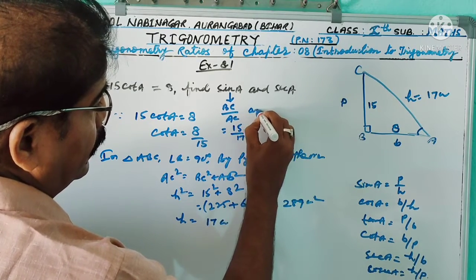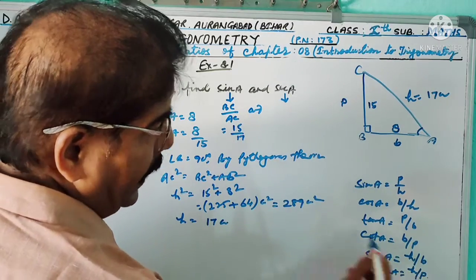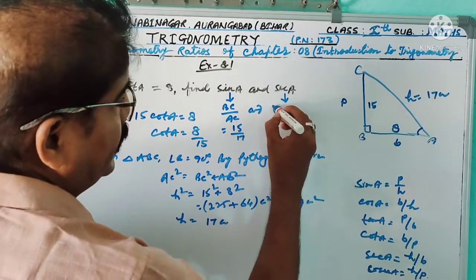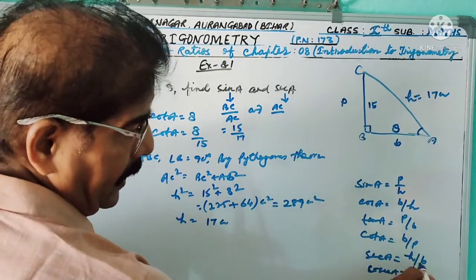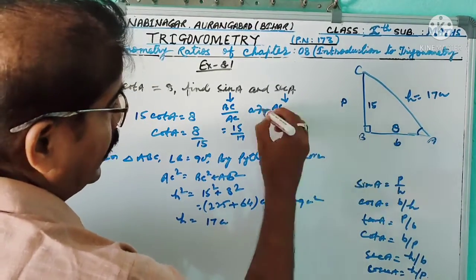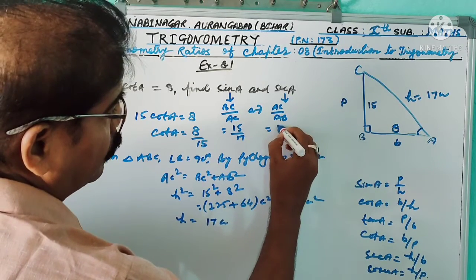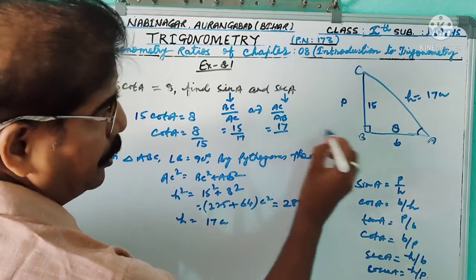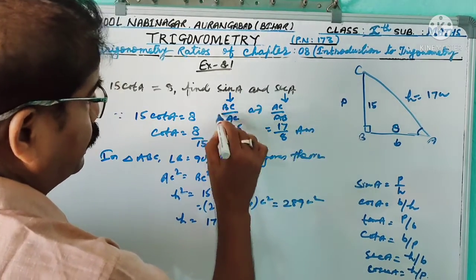And sec A equal to H by B. Here H is AC and B is AB, AC equal to 17 and AB equal to 8. This is your answer.